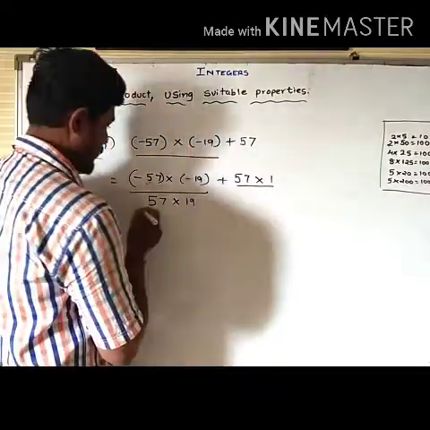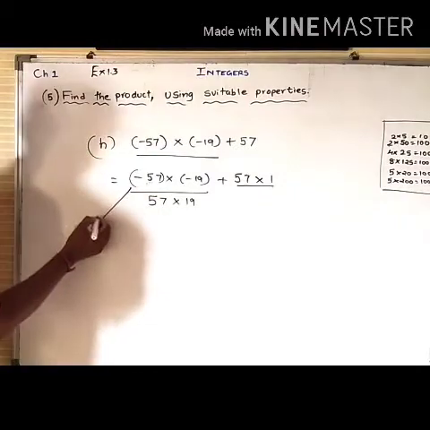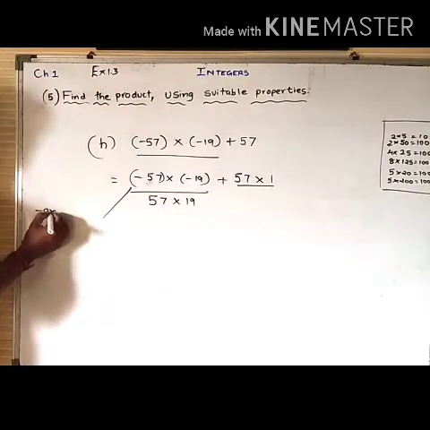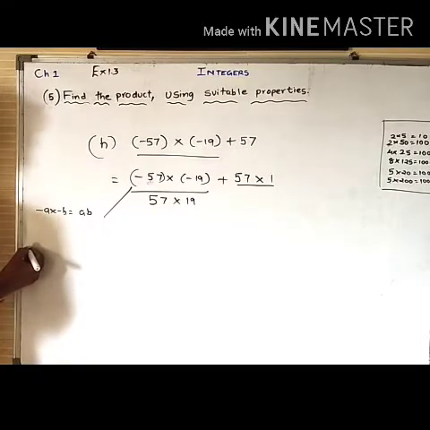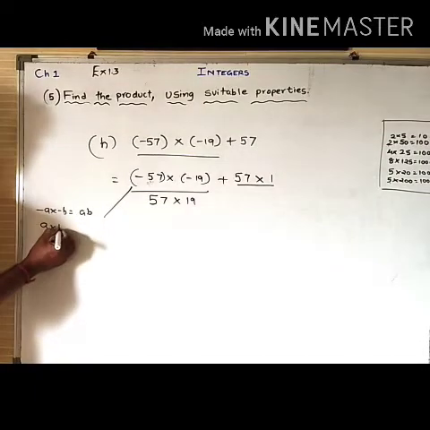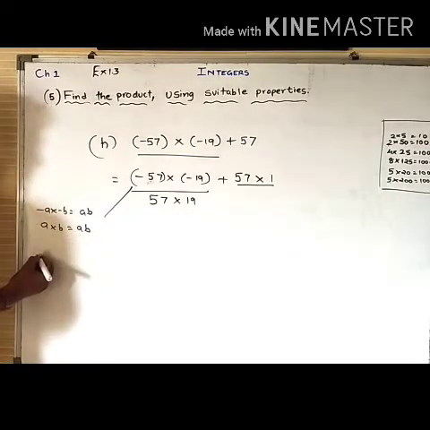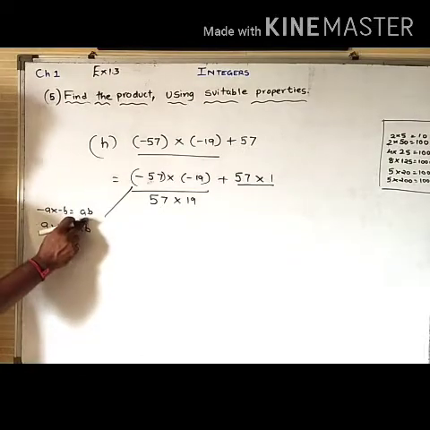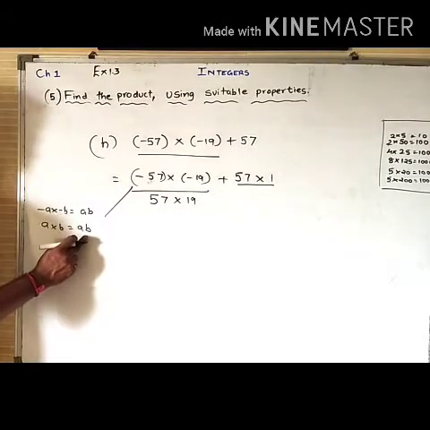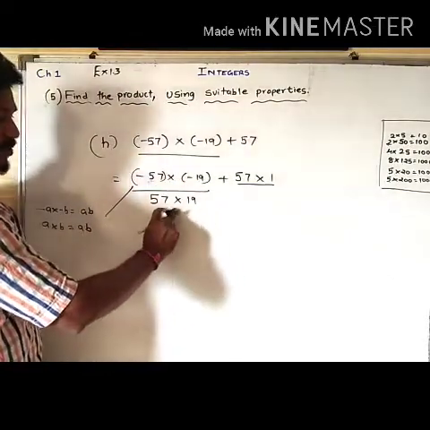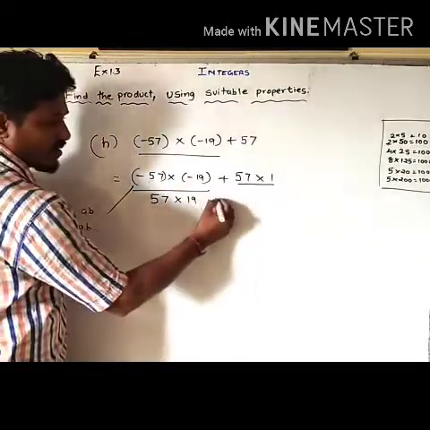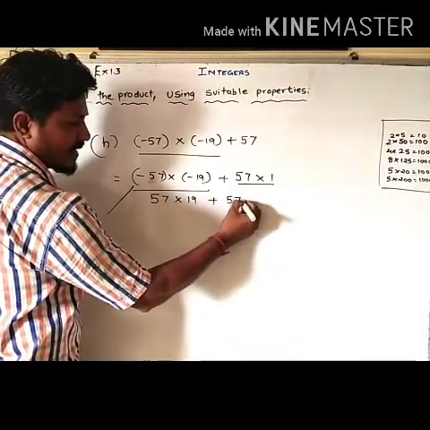See dear student, negative A into negative B is positive AB. So A into B is also positive AB. So negative into negative is positive and positive into positive is also positive. So in place of negative into negative, I will put positive into positive so that both the values become positive. Now this pair as it is.